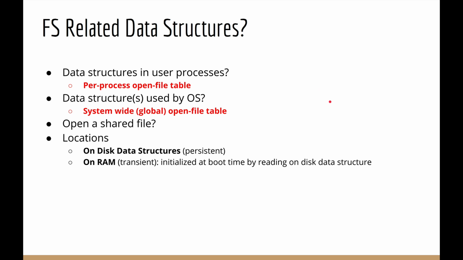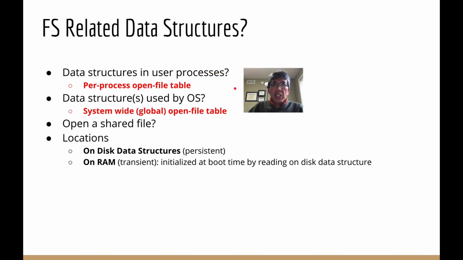When discussing memory management, we learned that operating systems depend on a number of internal data structures like page tables and segment tables to perform their work. Similar data structures will be used by the operating system to do file management.